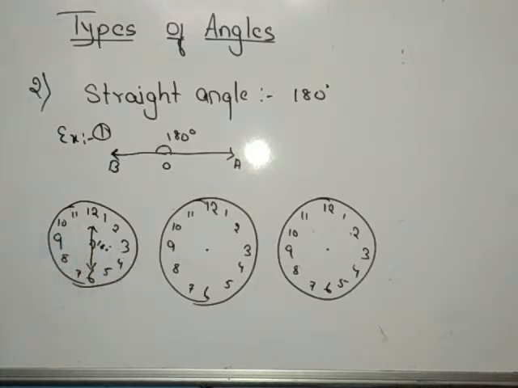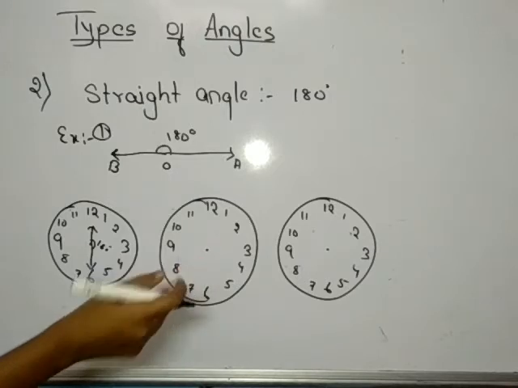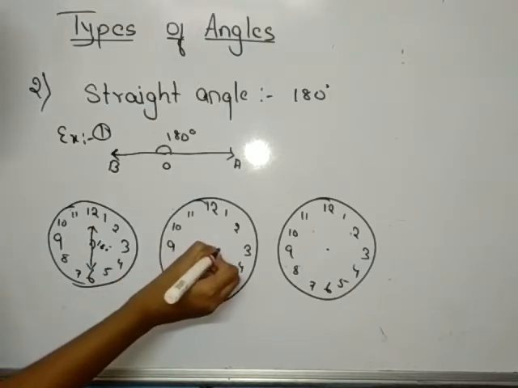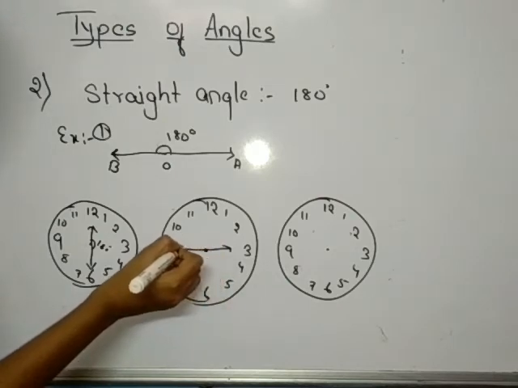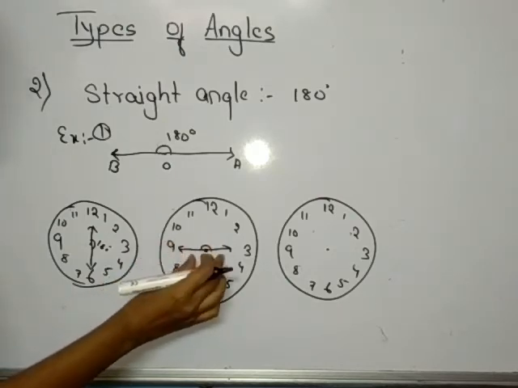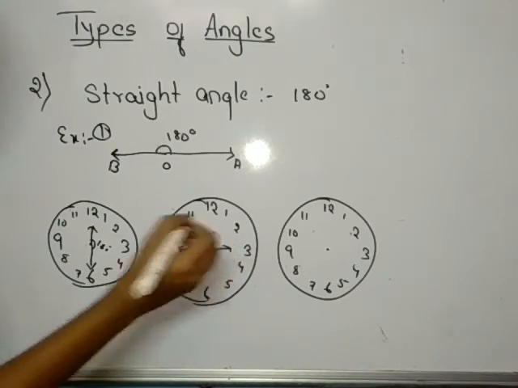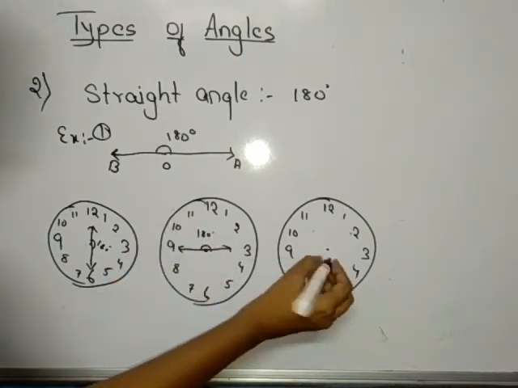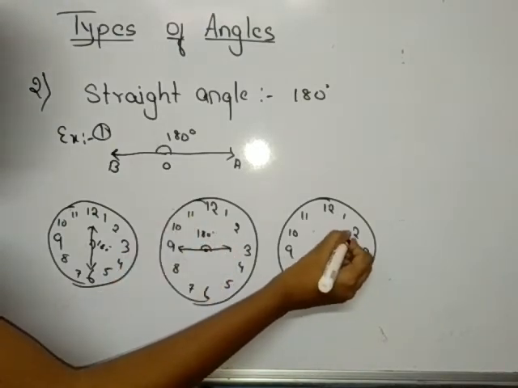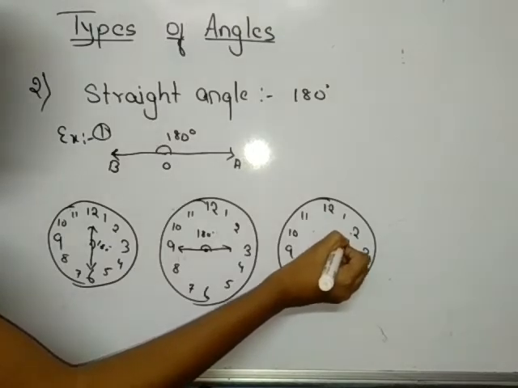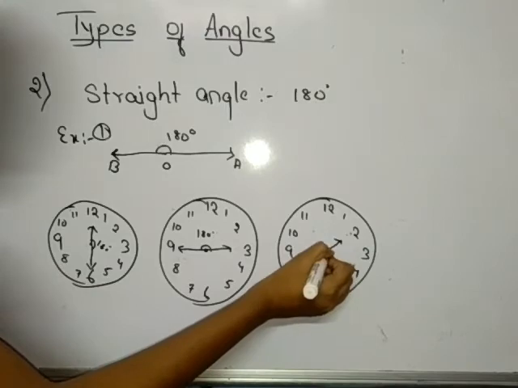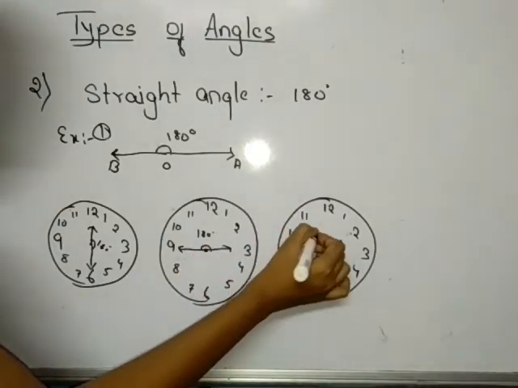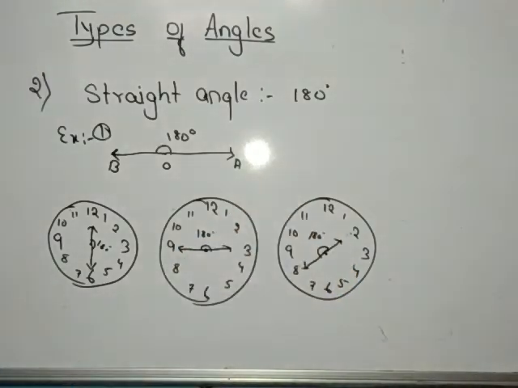Similarly, if the small hand is facing 3 and the big hand is facing 9, again the angle between these two hands is 180 degrees. And if the small hand is facing 2 and the big hand is facing towards the edge, the angle between these two hands is 180 degrees.